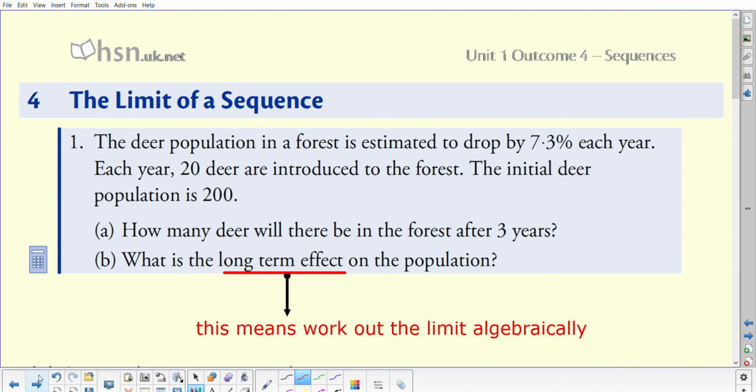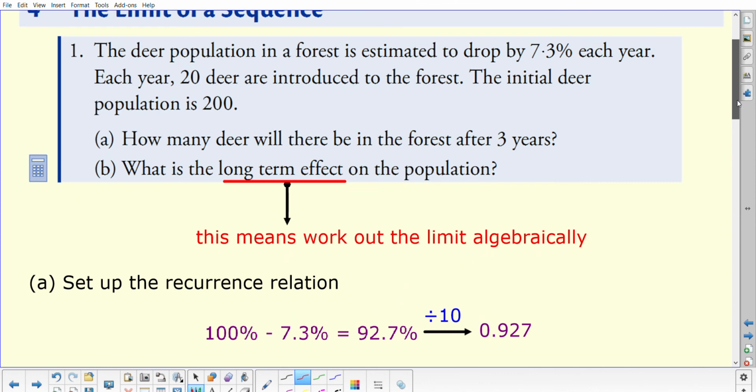You're asked how many will there be in the forest after 3 years, and then what is the long-term effect on the population. The long-term effect part means work out the limit algebraically. But for the first bit, there's nowhere in this question that tells you to come up with a recurrence relation, but that's the expectation, and it's about recognising it's that type of question.